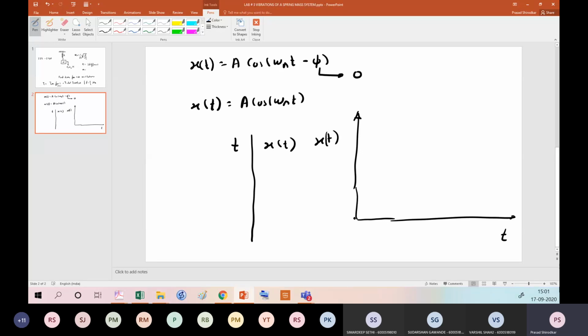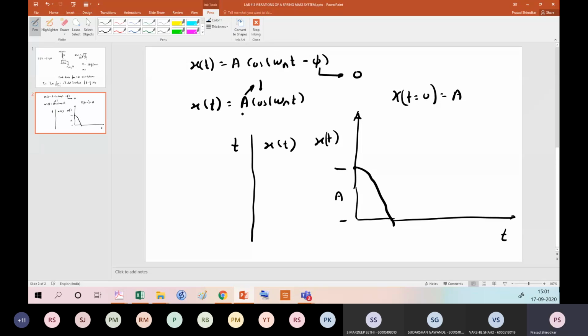What do you expect the graph to be? It should be a cosine wave. Since phi is equal to 0, at t equal to 0 it should start from maximum, that is, the displacement should be A. For simplicity, we don't know the actual value of A, so let's take A as unity, 1.